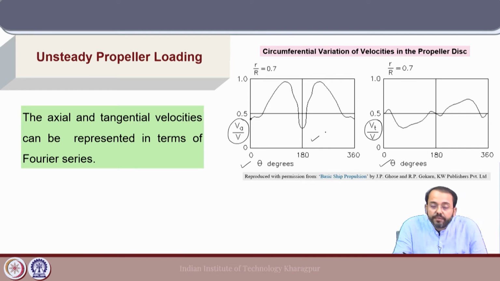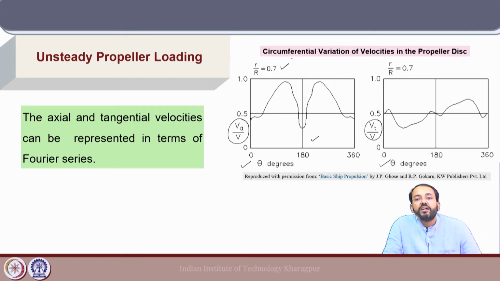And as mentioned, Va is an even function, and that is how the curve of Va versus theta behaves between 0 and 360 degrees, which represents the entire position over different circumferential locations at a particular radius. So, these plots are done at the representative section r by R at 0.7 of the propeller blade, and this variation is just a representative variation which will depend on the propeller geometry as well as the inflow characteristics.